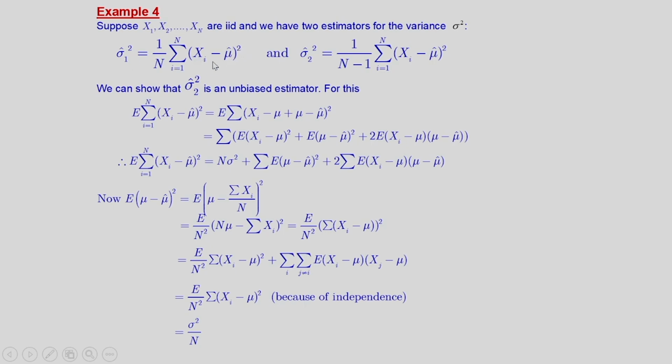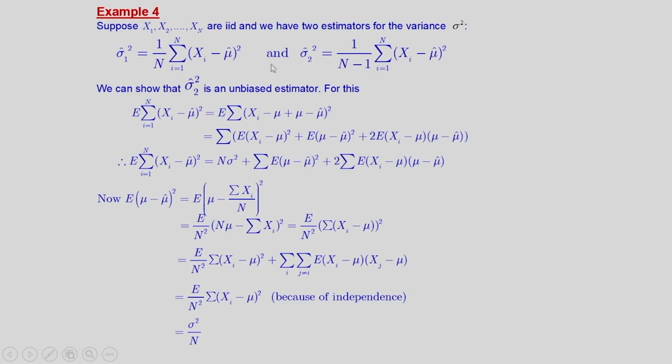The second estimator is the same summation, but the scaling is 1 by n minus 1 instead of 1 by n. So we have two estimators, sigma 1 hat square and sigma 2 hat square.